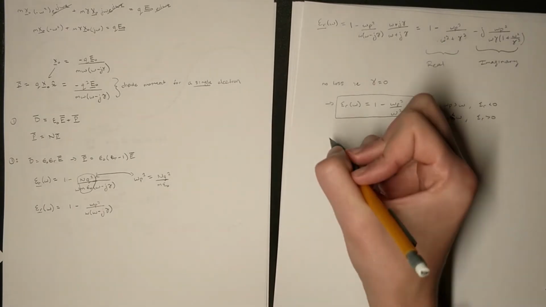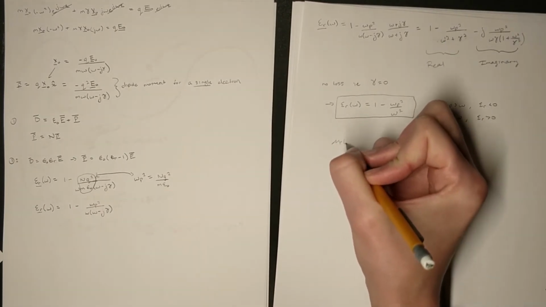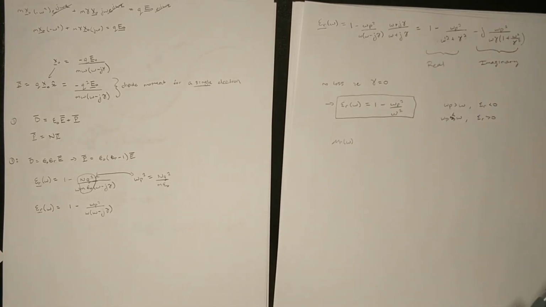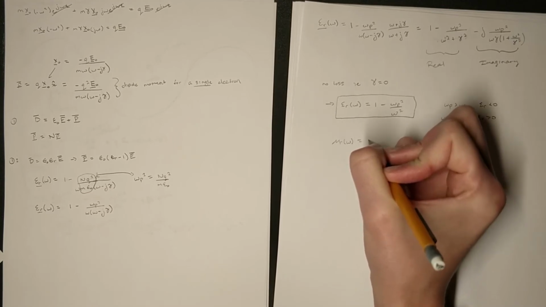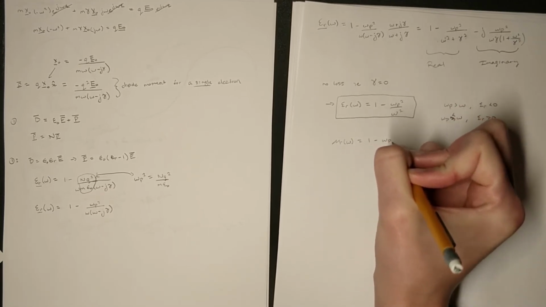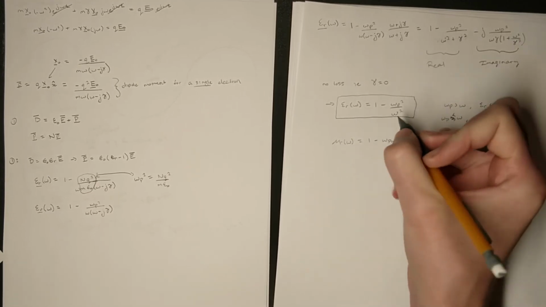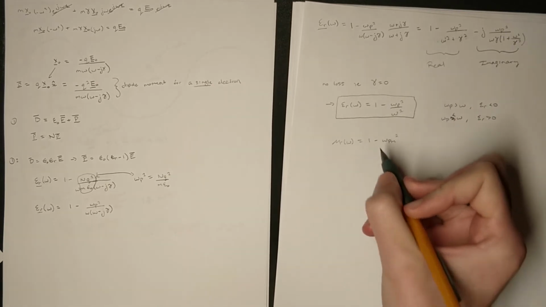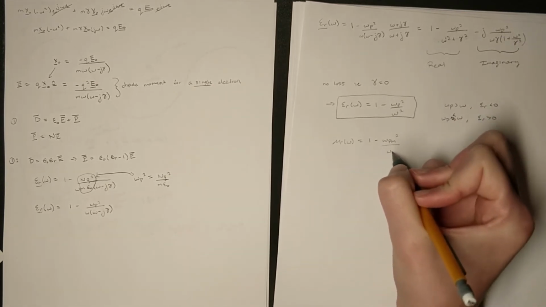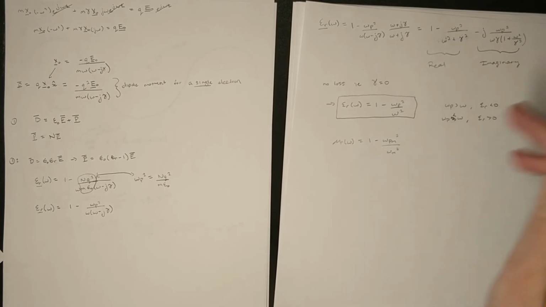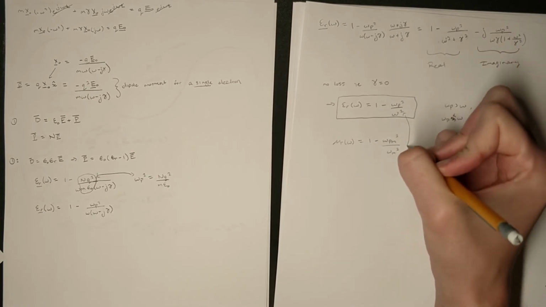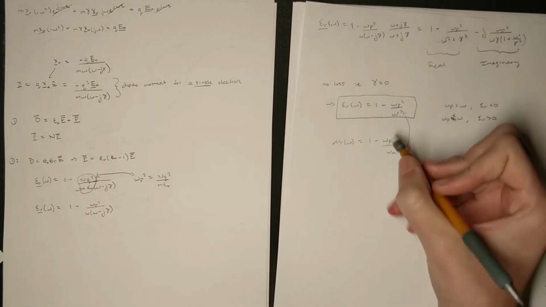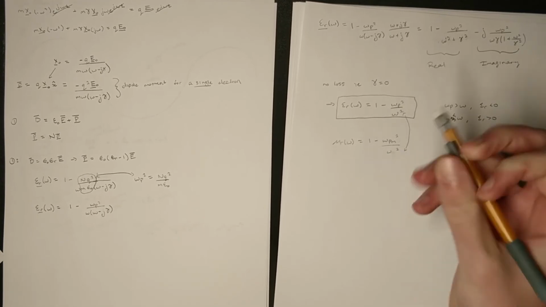Now, similarly, we can write mu r, our relative permeability, as a function of omega, and it is equal to 1 minus omega pm squared over omega m squared, where omega m can actually be shown to be equal to omega, so we technically don't need the m on this.